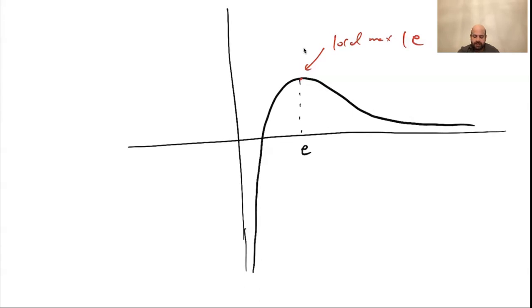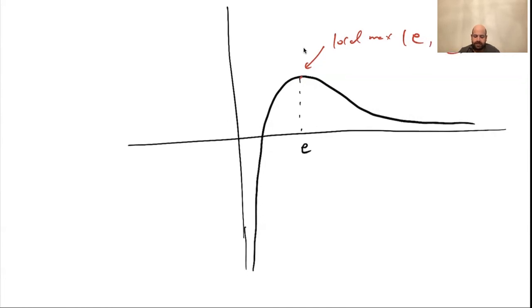The original function was ln x over x. So ln e over e. That will be the y value of the point for the local max. ln e is 1. So this point is e, 1 over e. The y value is 1 over e.